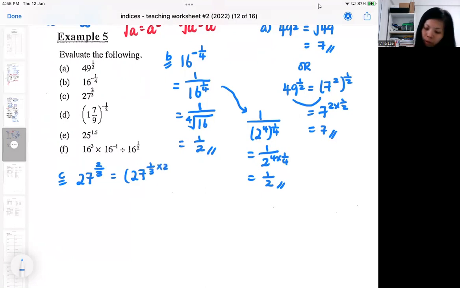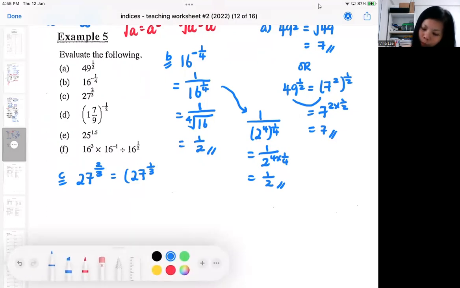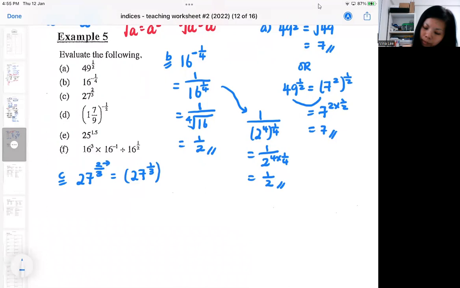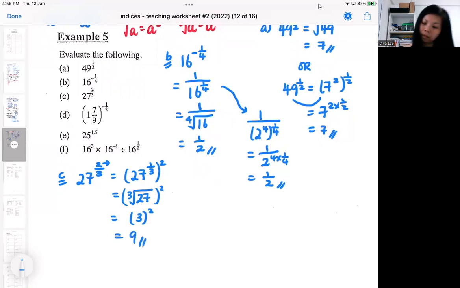So essentially 2/3 is 1/3 times 2. In a way, it's the same thing. We pull the numerator out. Pulling the numerator out will leave you with the power 1/3, which becomes a cube root. So the cube root of 27 is 3. So that's how you get a 9.